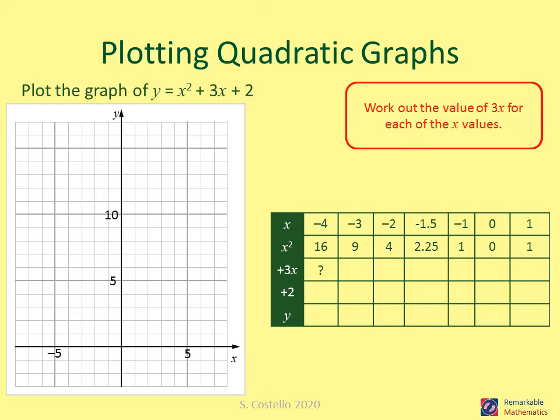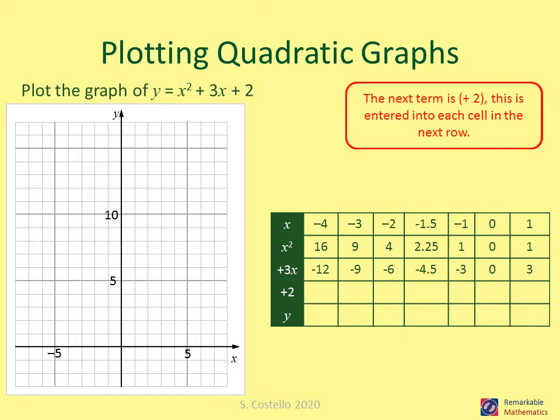Work out the value for 3x for each of the x values. So 3 times -4 is -12, 3 times -3 is -9, 3 times -2 is -6, 3 times -1.5 is -4.5, 3 times -1 is -3, 3 times 0 is 0, and 3 times 1 is 3.